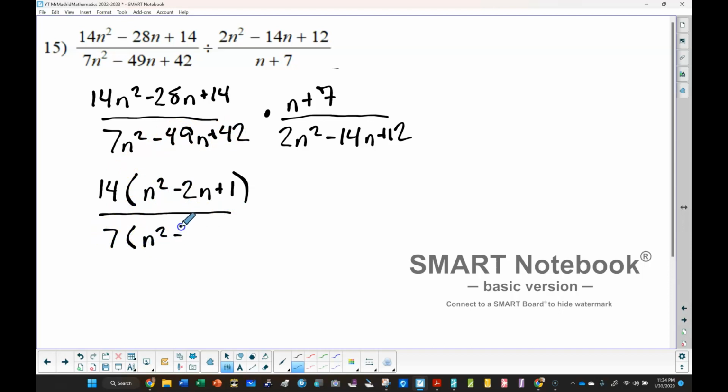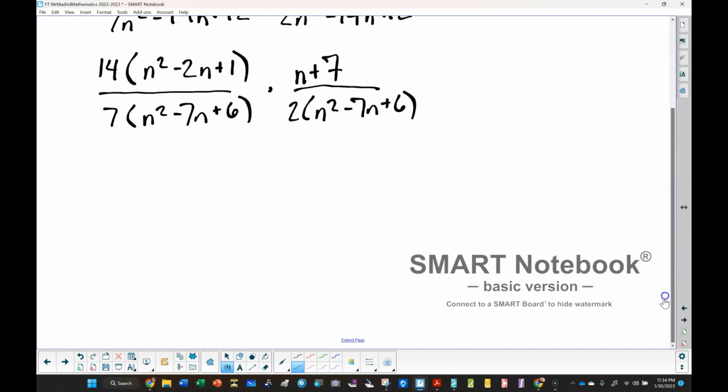So n squared minus 7n plus 6. Okay, again, I'm doing 15 for us. This guy we leave alone because there's nothing we can do. Here at 2, 2, 2. N squared minus 7n plus 6.